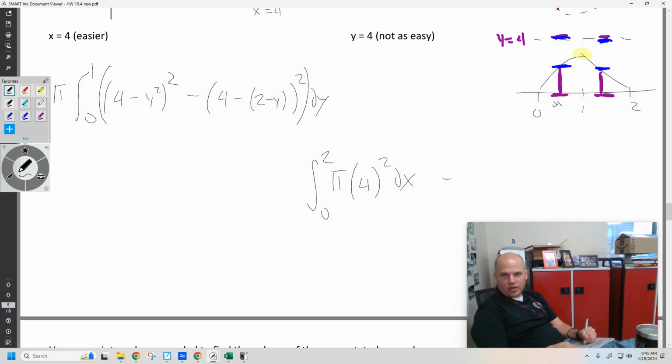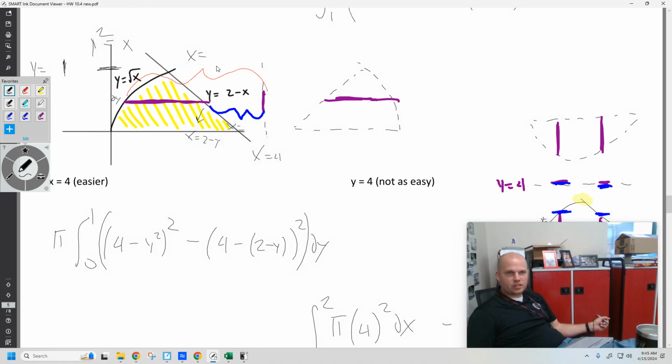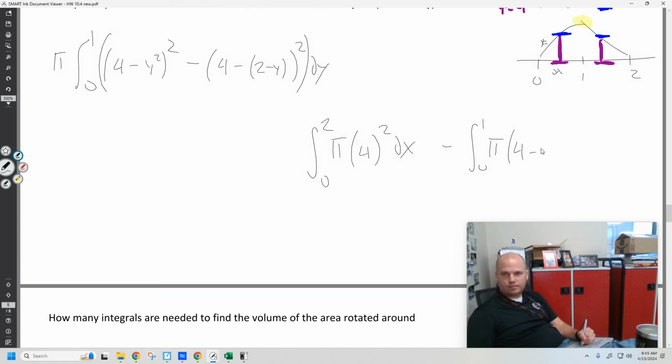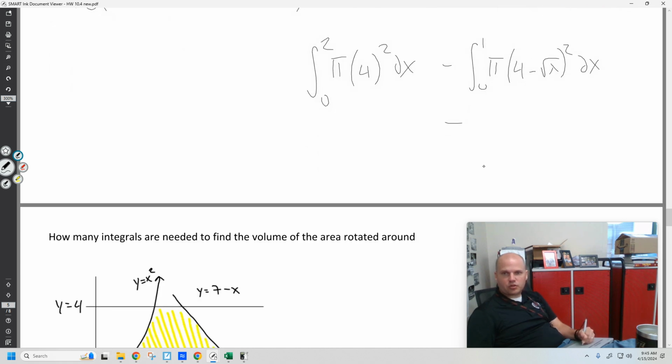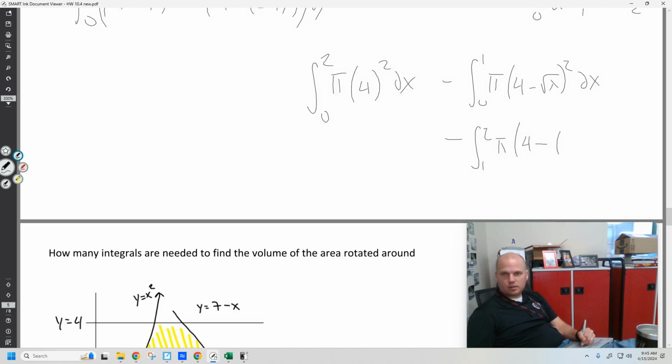So I'll need to subtract from 0 to 1 my inner radiuses, which is 4 minus, this is a y equals distance, this is a y equals root x. And I also need to subtract from 1 to 2 my 4 minus 2 minus x radiuses.